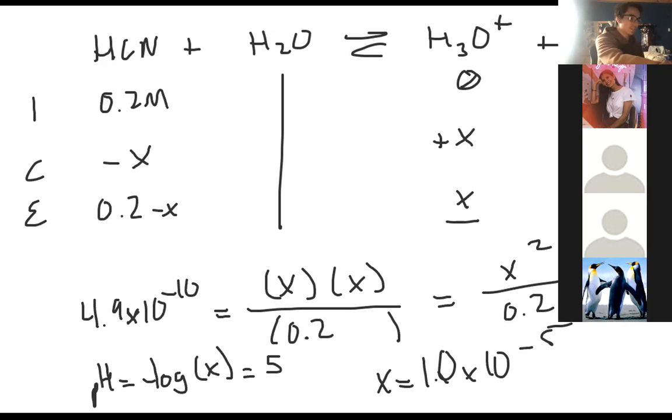On the next page, page 252, it gives us another guided problem. It's going to tell us to calculate the pOH of 1.5 molar hydroiodic acid in a solution.